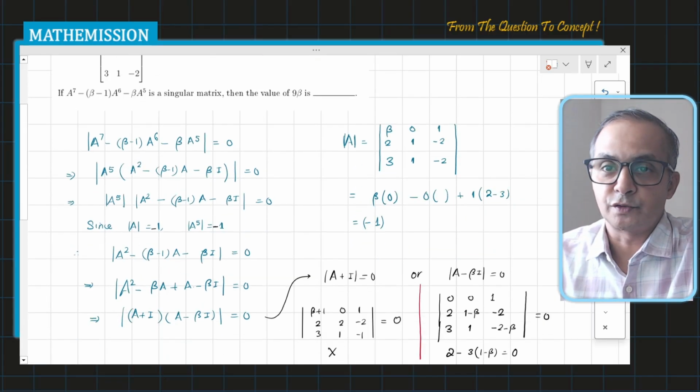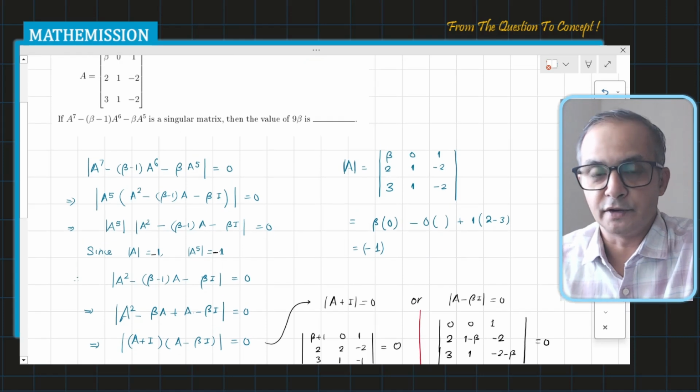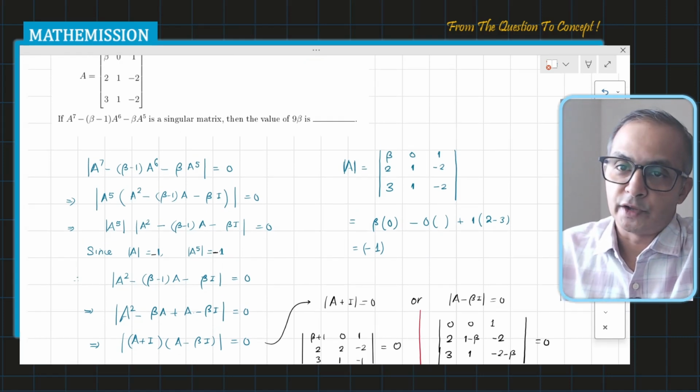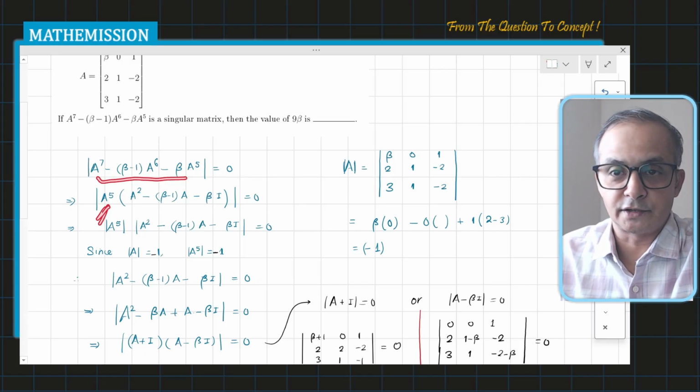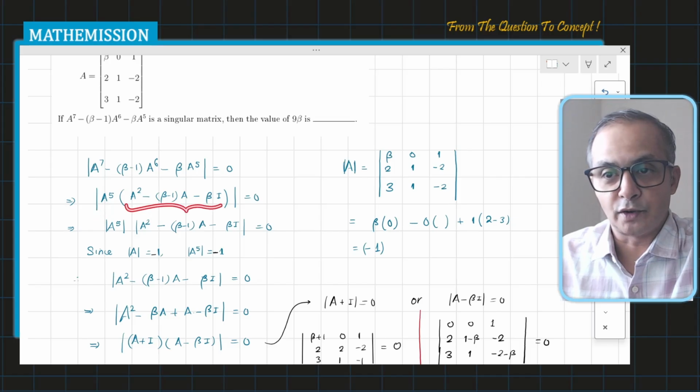So what is this first way? I want to explain it first and then we'll go to the different method. The idea is this: if you take the determinant here, that should be 0, and from there I'm taking A to the power 5 as a common factor, and you notice that this is now one matrix, A to the power 5, and this combined as one different matrix.